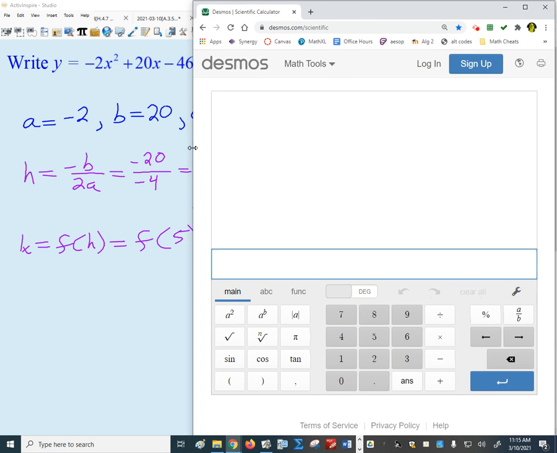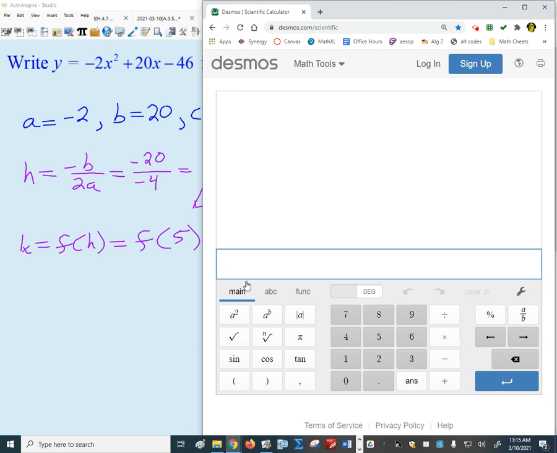And then all we have to do, remember, is define the function. So there's my function. It's written as y, but I need to write it using function notation. So I'll write it as f of x equals negative 2x squared plus 20x minus 46, right?